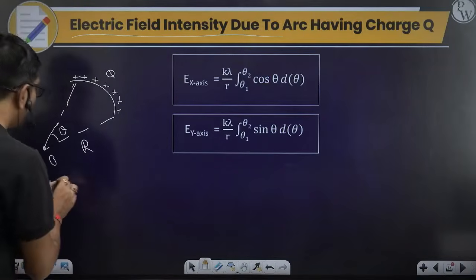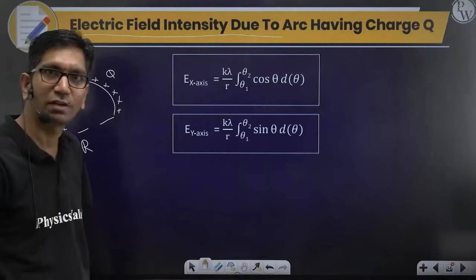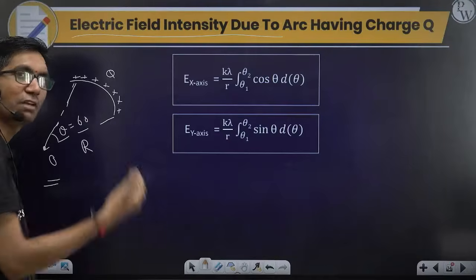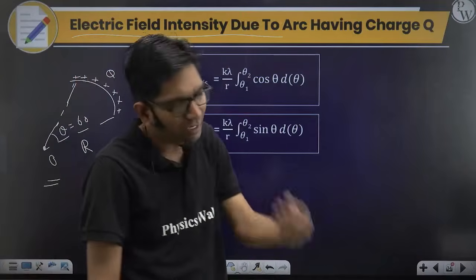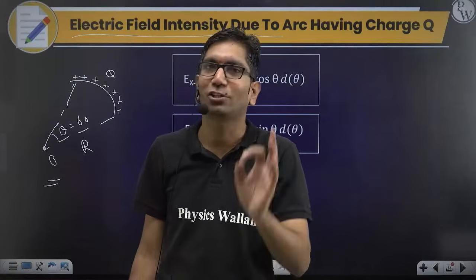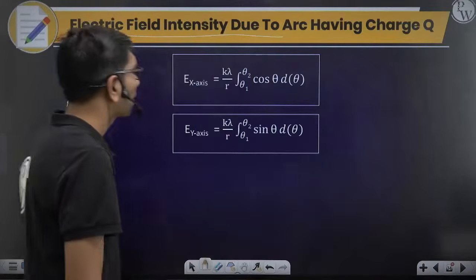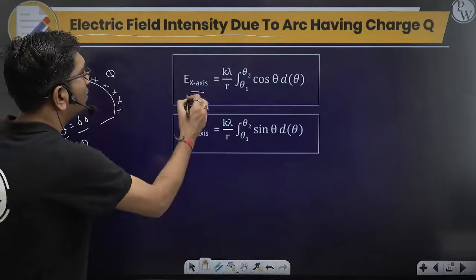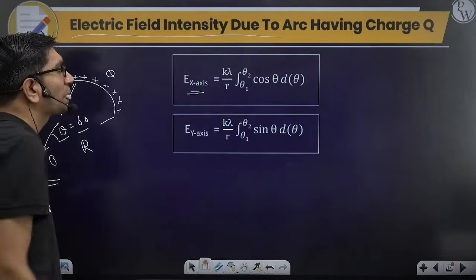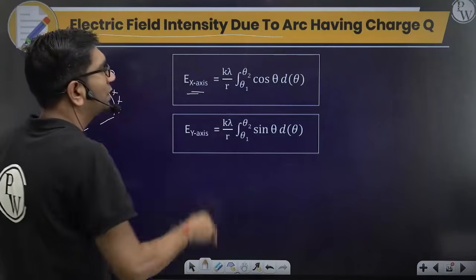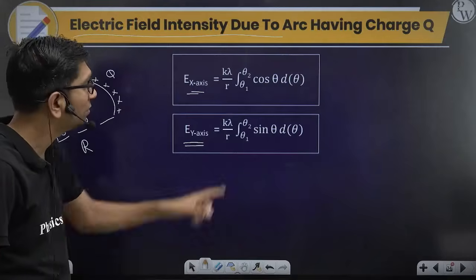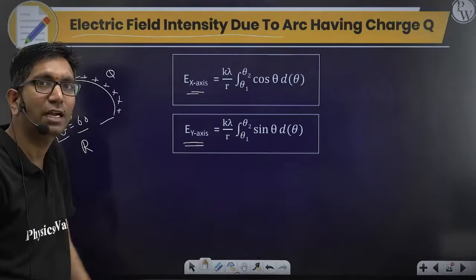So the best trick for this one is, in exam, he may give you the angle as 60 degrees, 90 degrees, 120, 270, 360, 330, something like that. But solving this one is very easy. What you have to remember is electric field intensity along the x-axis: K lambda by r, integration of theta 1 to theta 2 cos theta d theta, and along the y-axis: K lambda by r, integration of theta 1 to theta 2 sin theta d theta, beta.